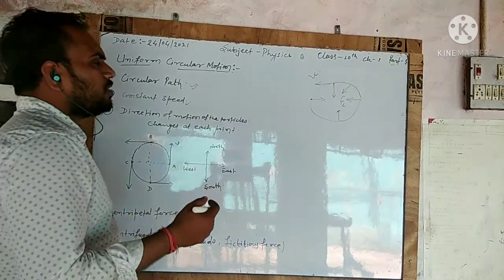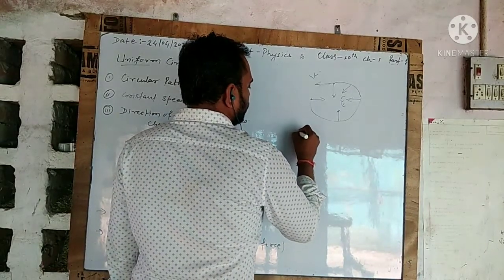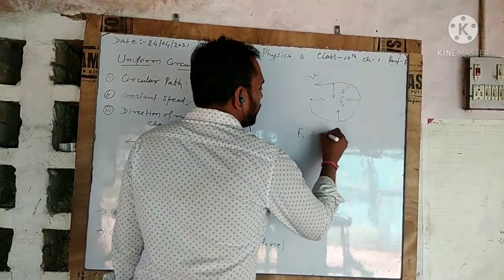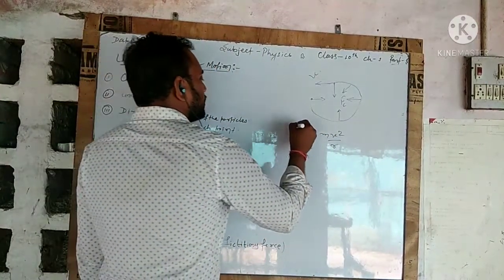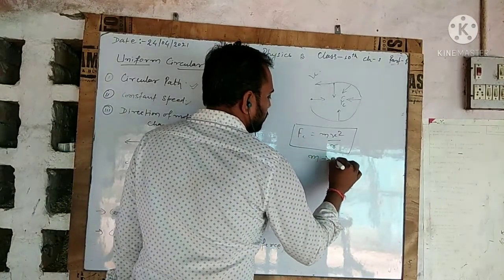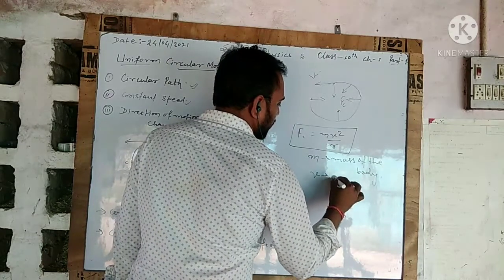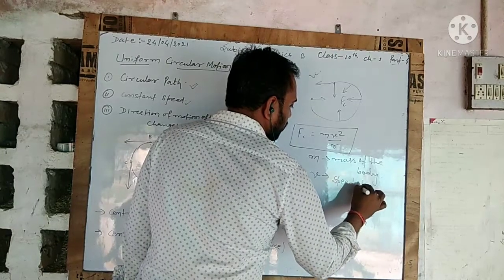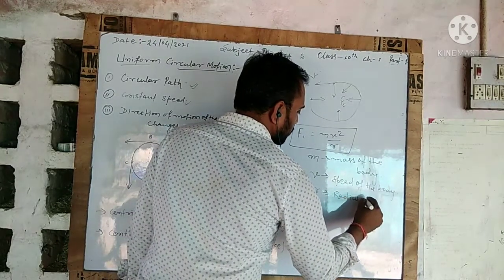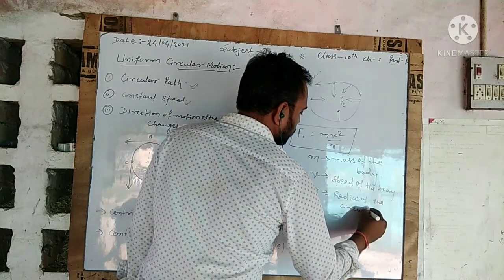Now there is a formula which you do not have to study, though I am explaining it to you; it is not mentioned in your book. Centripetal force FC is equal to mv square upon r, where m is the mass of the body, v is the speed of the body, and r is the radius of the circular path.